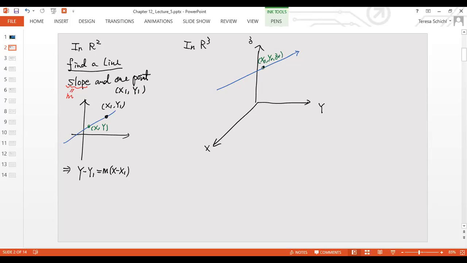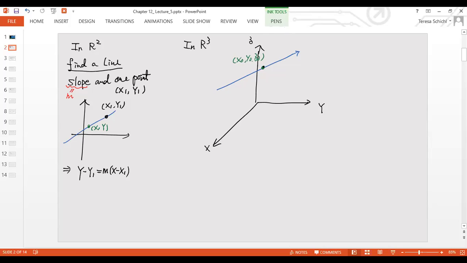Let me write this point so it's not too crowded here. This is the point x0, y0, and z0.